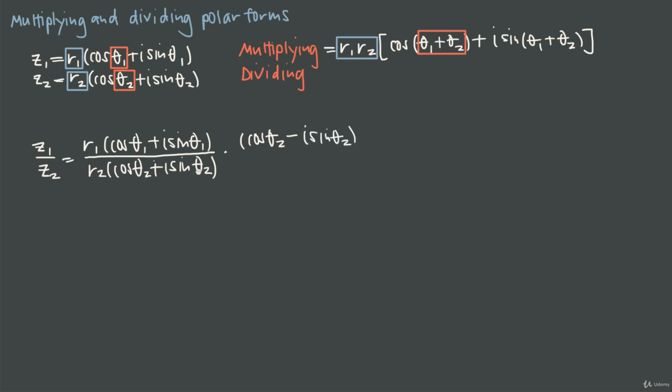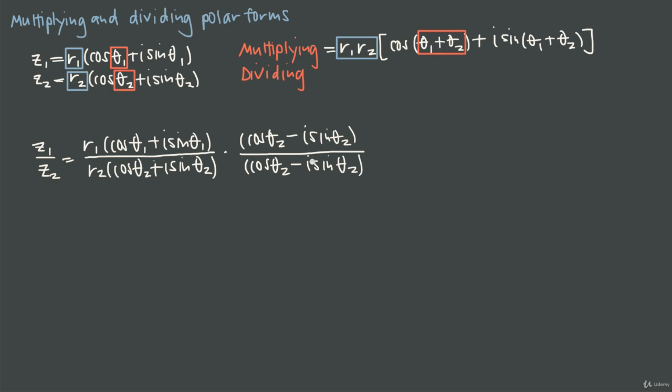We're taking the denominator, cosine theta sub 2 plus i sine theta sub 2, and the complex conjugate of that is the same two terms, but with a different sign in the middle. So instead of addition here, we have subtraction. And we multiply both the numerator and the denominator by that same value, like this.